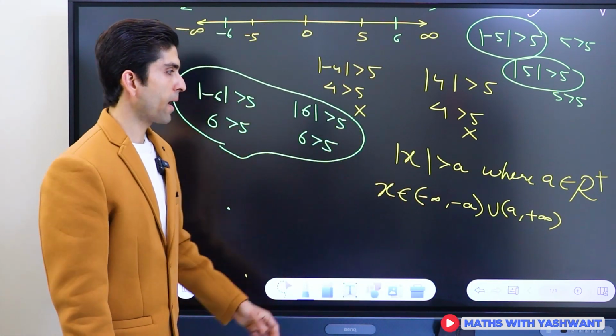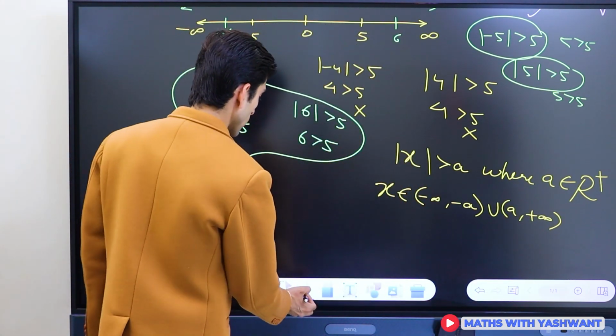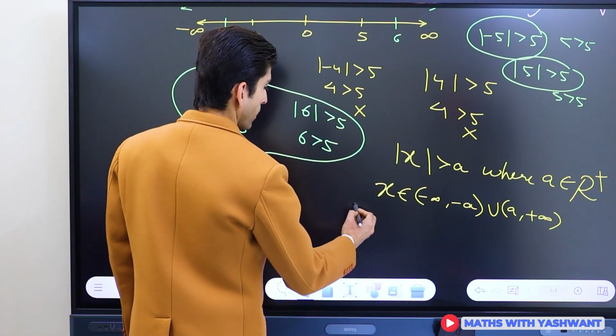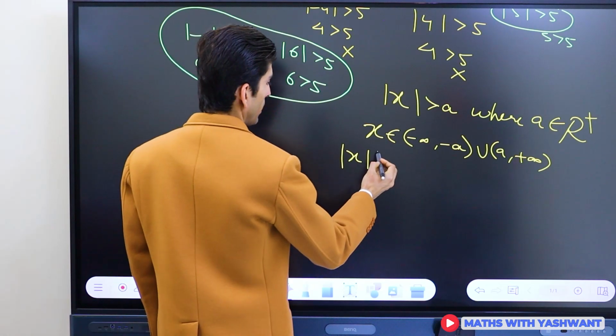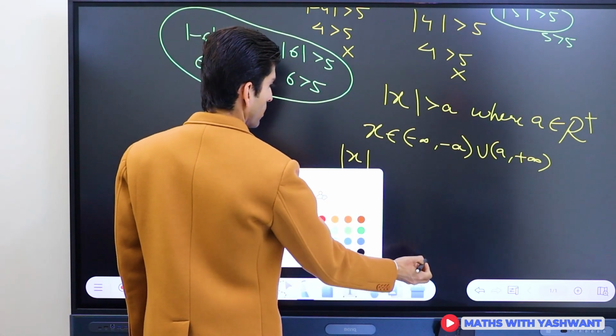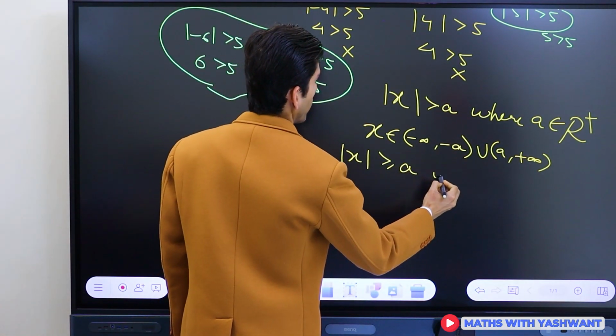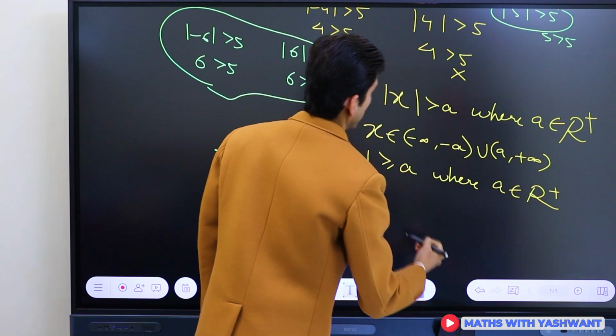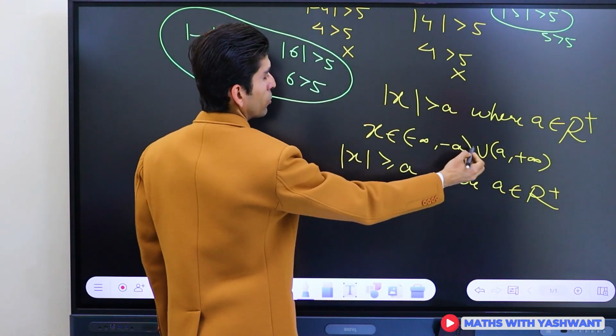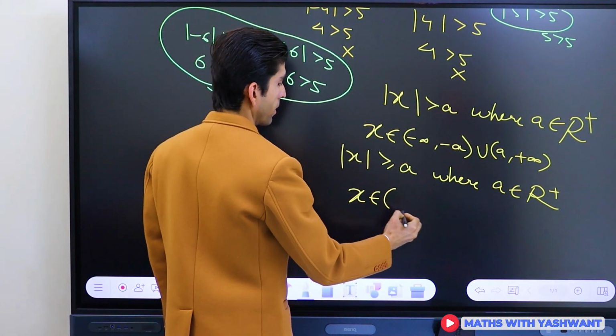Now what if we have an equality sign here? If we have an equality sign, the only difference will be that we have to include negative a and positive a, where a is a positive real number.